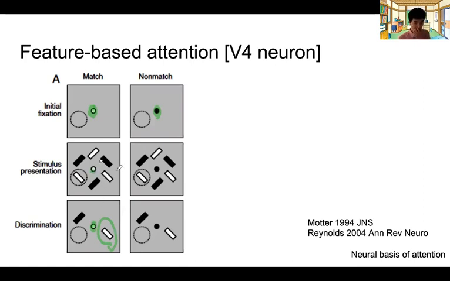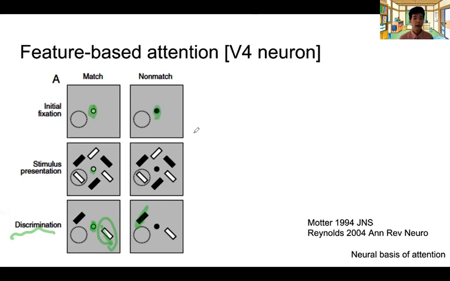So after stimulus presentation, you need to remember all the stimuli and attend to all of them. But then at the discrimination phase, in this trial, you need to report the orientation of the white stimulus, so you press the button for left tilted or something like that. On the other hand, in this black trial, you need to report the black orientation in the end. So it's right in this case.